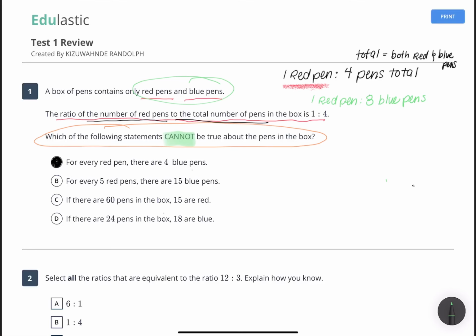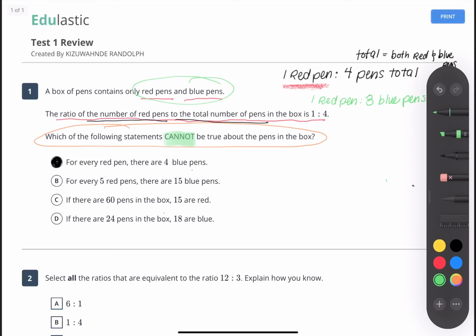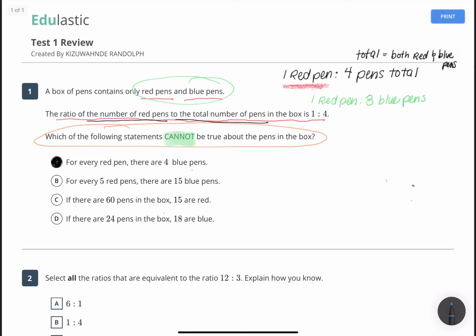So for this ratio, it says 5 to 15 blue pens. Okay, so the ratio would be, which I'm going to write in blue, 5 to 15, describing red to blue pens, okay?